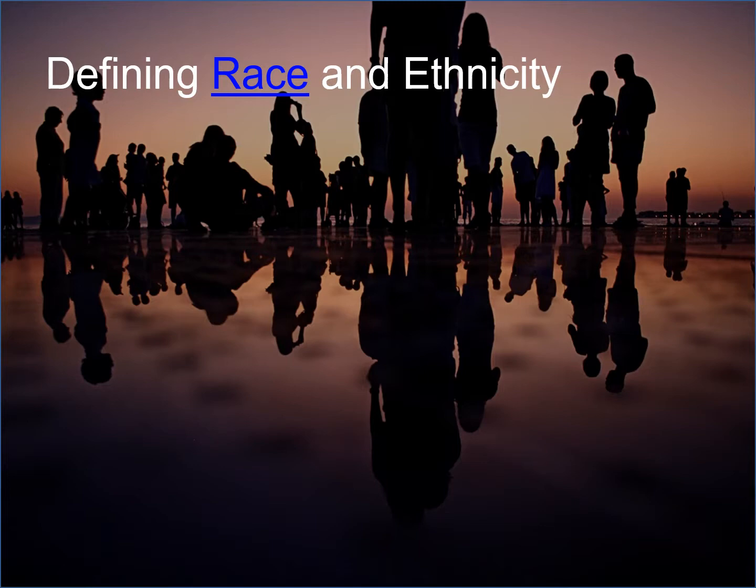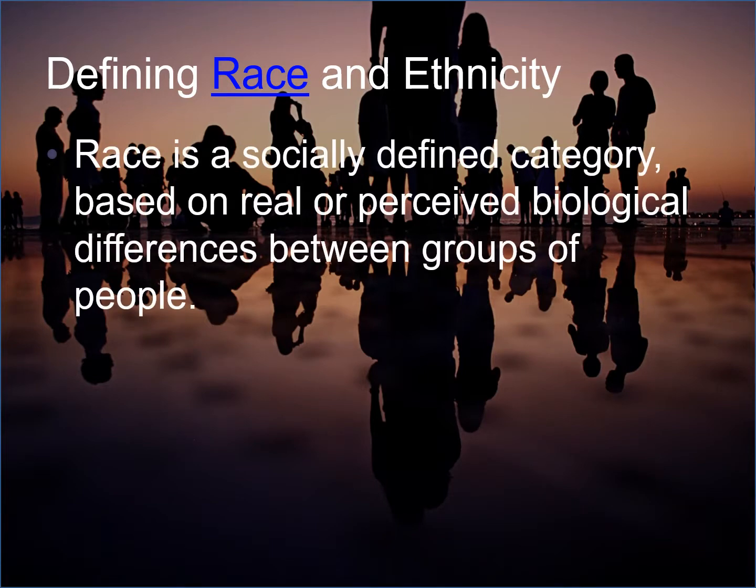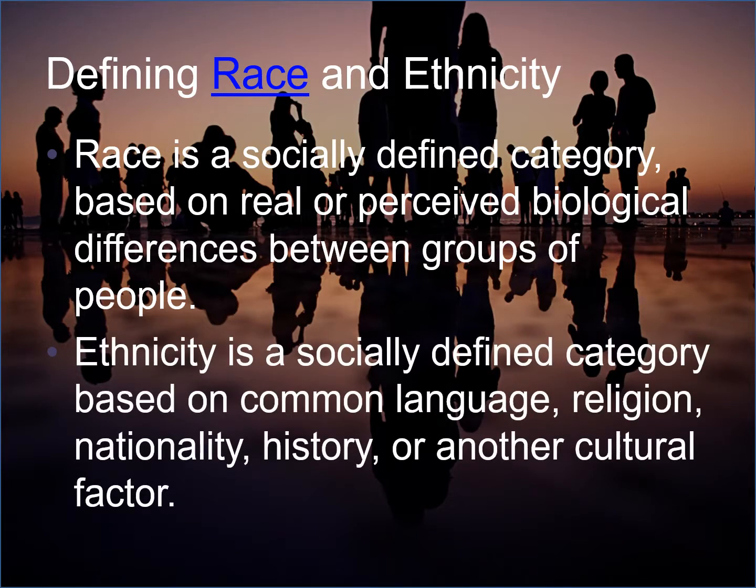Defining race and ethnicity. Race is a socially defined category based on real or perceived biological differences between groups of people. And ethnicity is a socially defined category based on common language, religion, nationality, history, or another cultural factor.